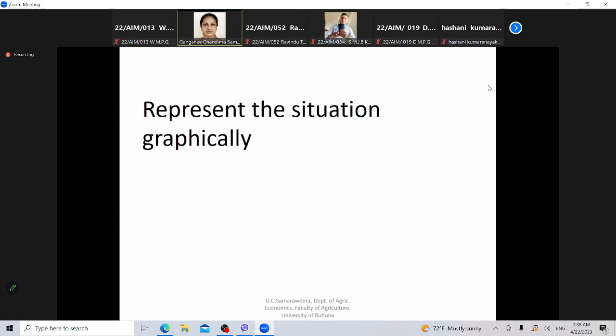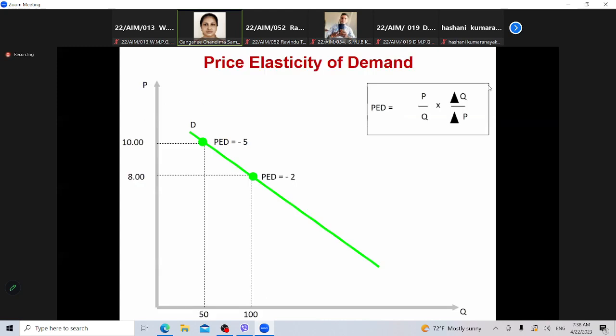So we understood how to represent the situation graphically. When you draw, please remember to write the units of price and units of quantity, maybe units of price is rupees and units of quantity is kilograms. Accordingly we draw the line.